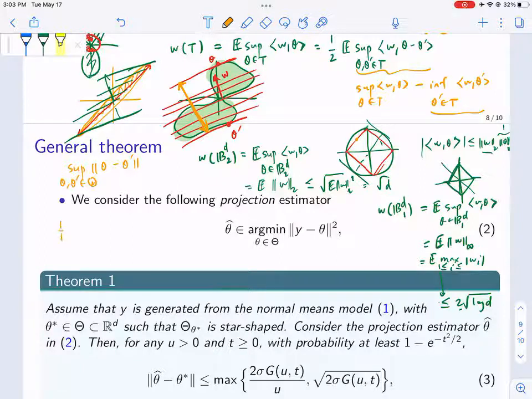So the point with coordinates 1 over d. What is the L2 norm of this? It would be the root of 1 over d squared, d times. Is this correct? This is 1 over root d. So in this direction the width is much smaller, but in that direction it's 1. So you're averaging over things, and the average would turn out to be this.